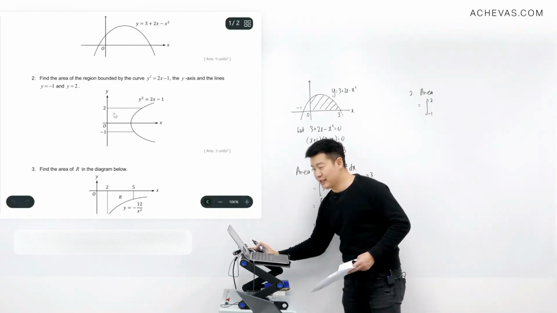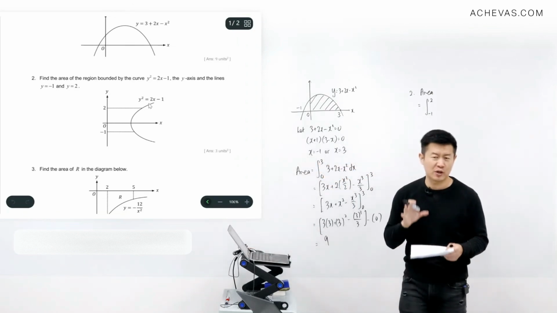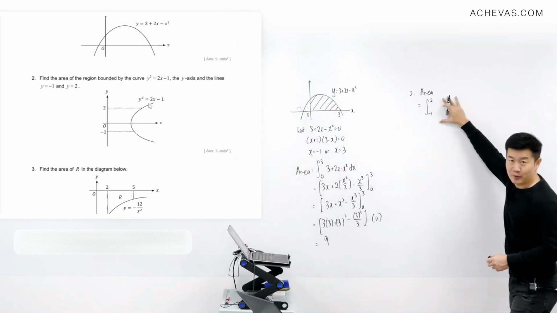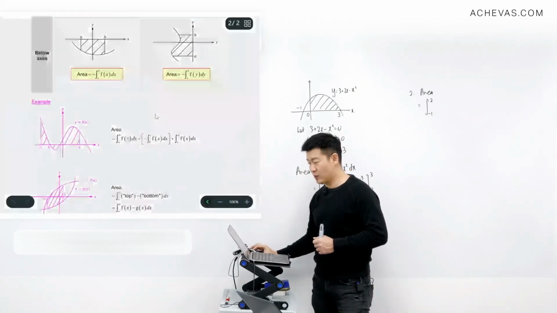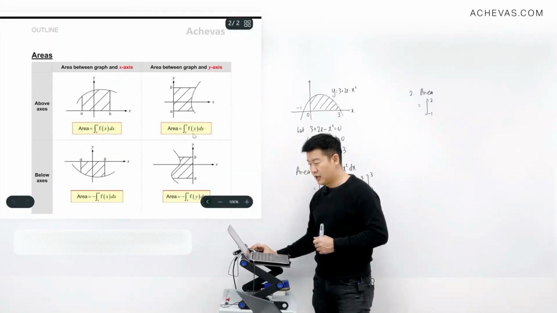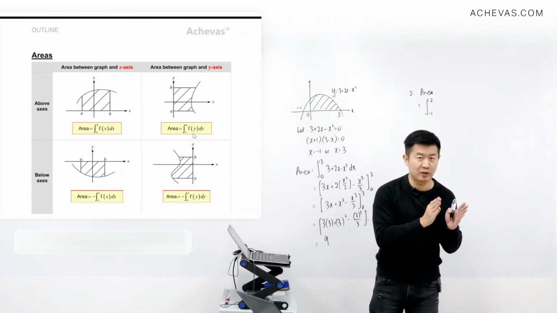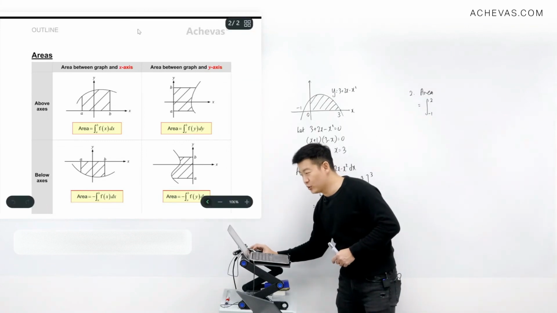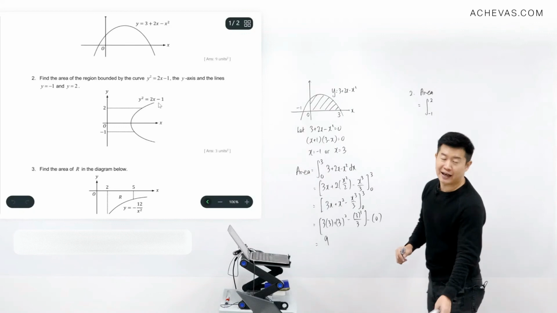And for the expression that we have here, too bad, this is y squared is equal to 2x minus 1. So we are not ready to start off our process of integration, because according to what we have discussed here, when we are trying to do this version, it has to be in terms of y, because we are going to be integrating it with respect to y. So what we are going to do, it is a simple step. We are going to take this equation here, and we're going to make x the subject.